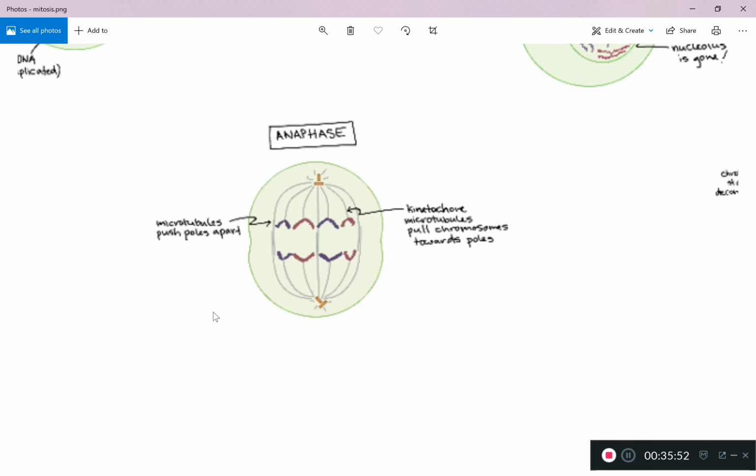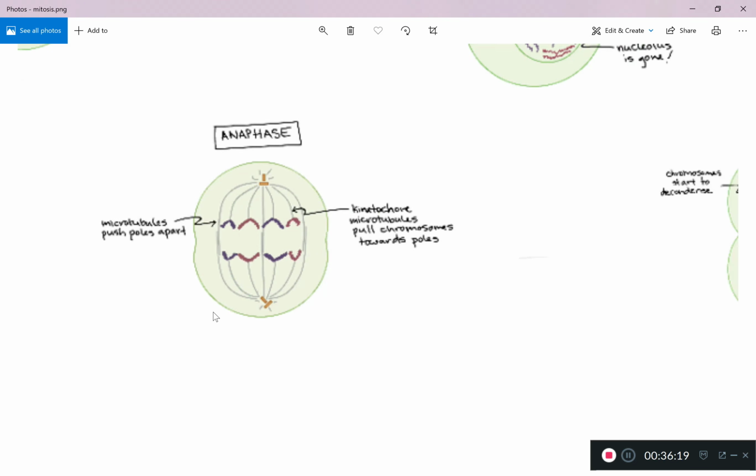So as you can see, now there's a split in between the sister chromatids. And once that split occurs, the microtubules start pulling the sister chromatids apart. The chromosomes are now being pulled to their respective poles of the cell. They're being pulled towards these, called asters, those little orange chiclet things.